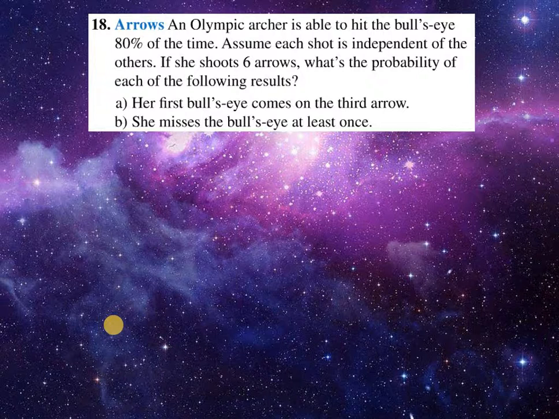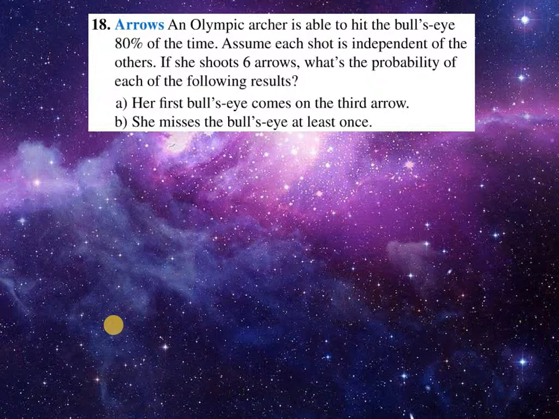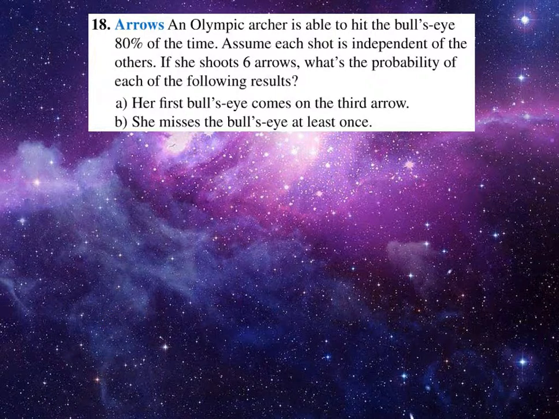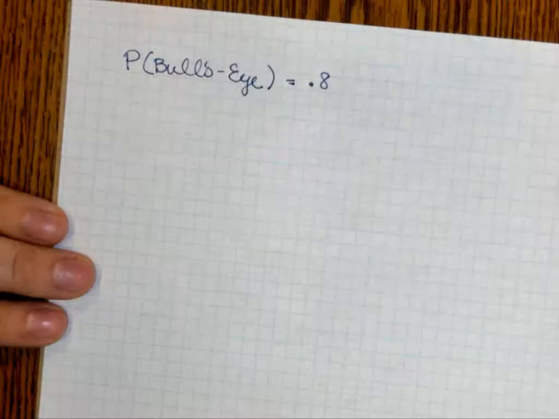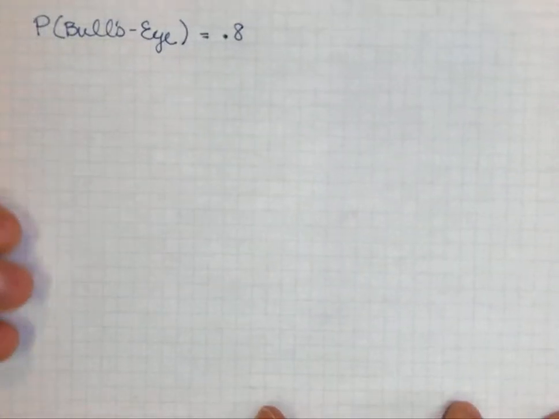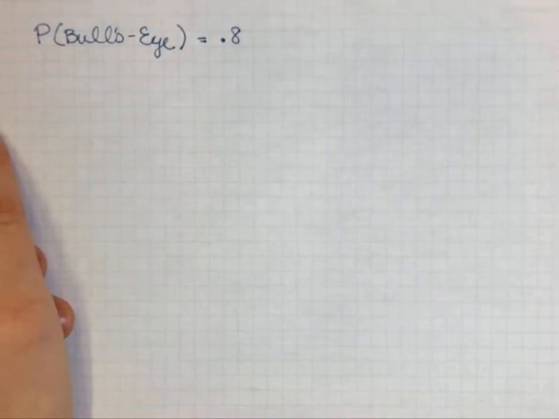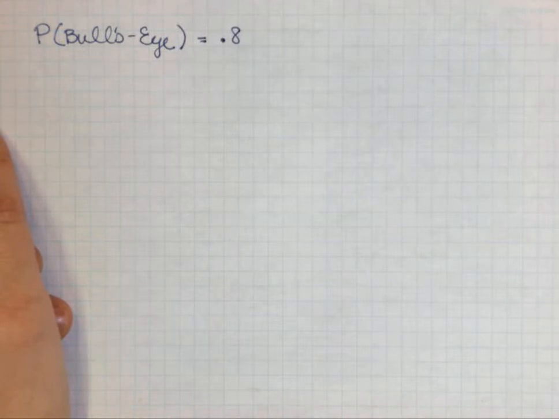Okay. So there's one thing that I have here. What is it that they've given me? One probability, 0.8. Everybody okay with that? Now, to answer any of these questions, we need to start with making sure it fits our assumptions and conditions. So, what do I need?